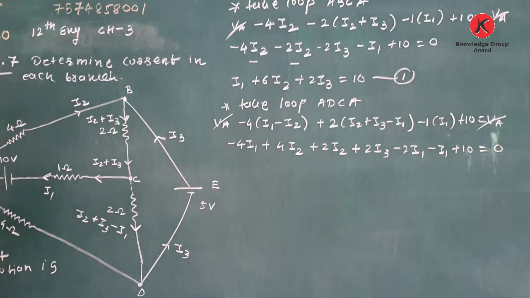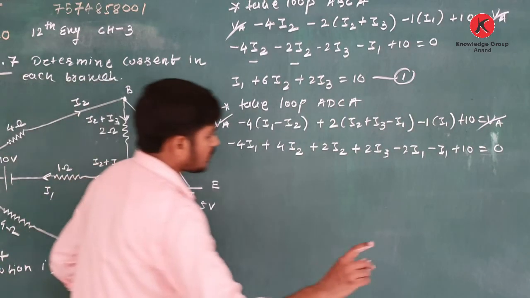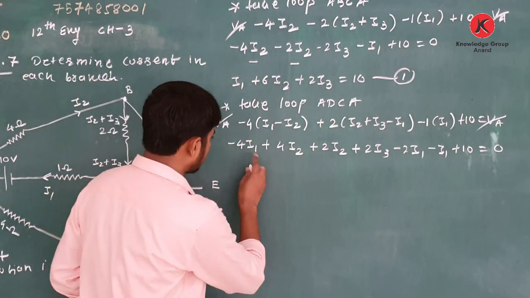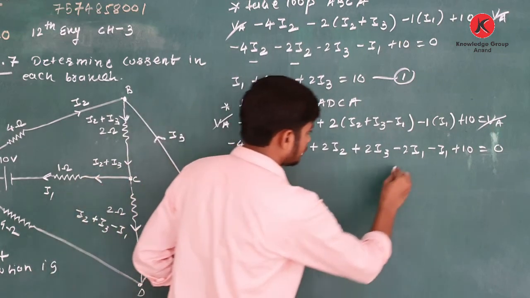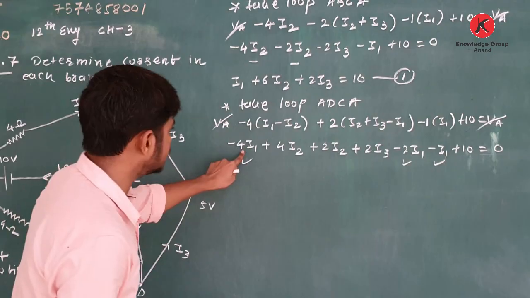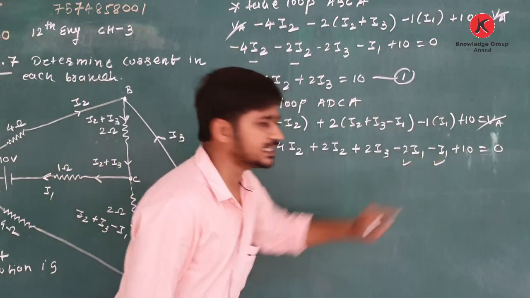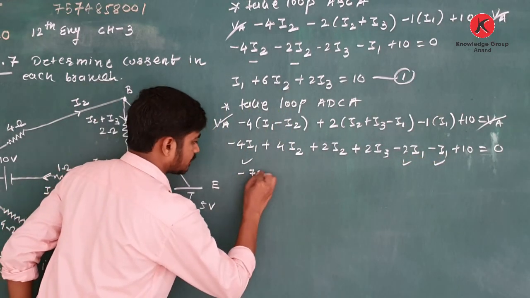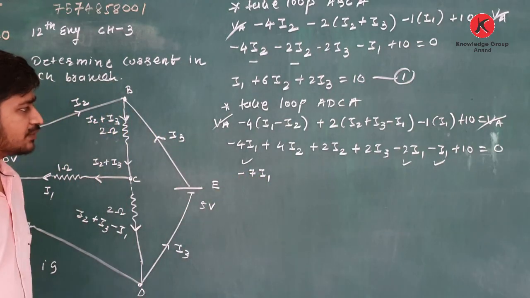Now terms having I1: it is 4 I1, it is 2 I1 and it is I1. Means you will have minus 4, minus 2 is minus 6, and minus 7. So minus 7 I1.